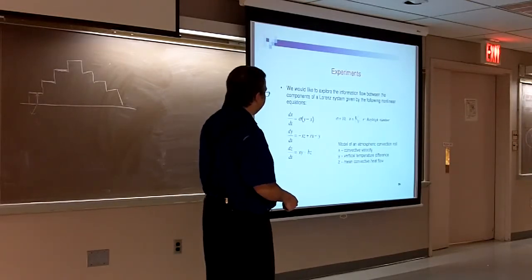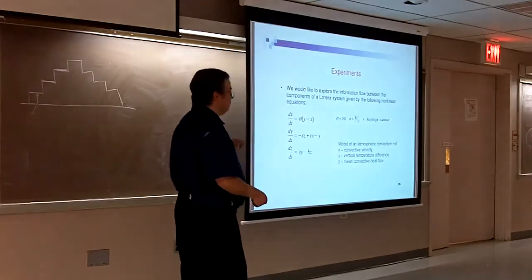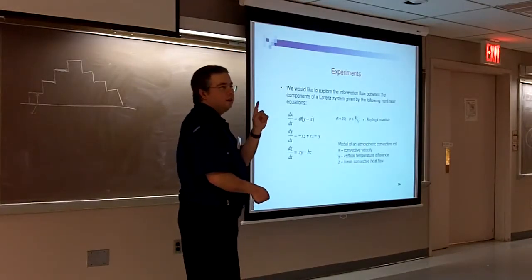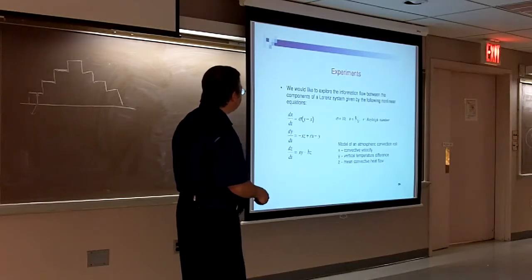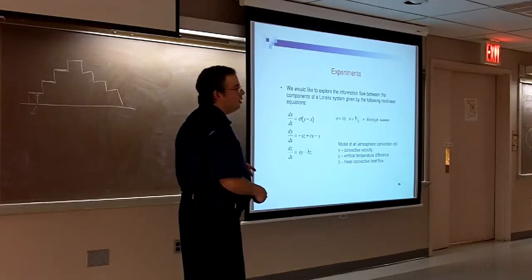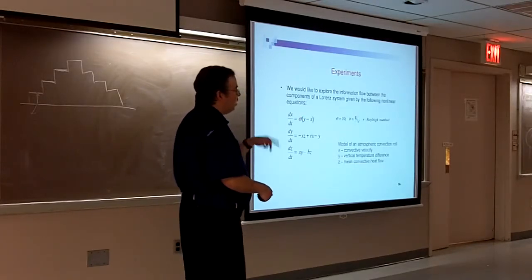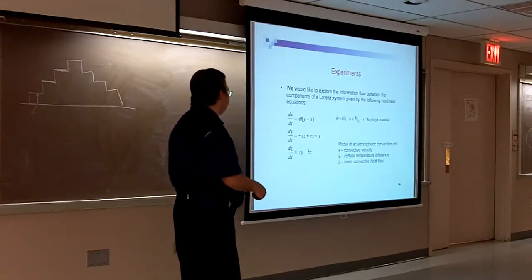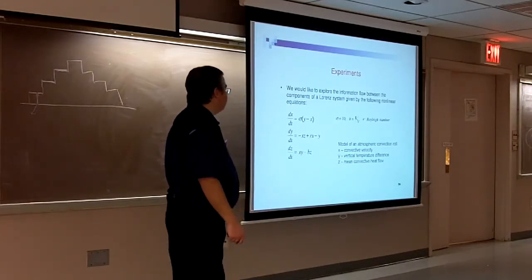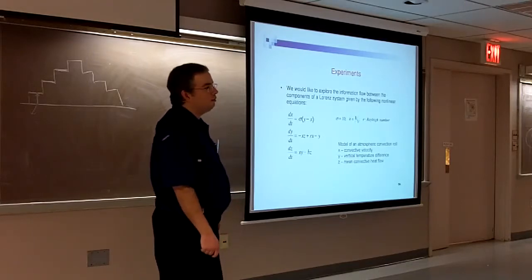Now, since I have 10 minutes, just for 1 minute, I want you to think about these equations to guess which variable could affect the other variable in this set of nonlinear equations. If x affects y, or y affects x, or z affects y. Can anybody say something by looking at the equations?